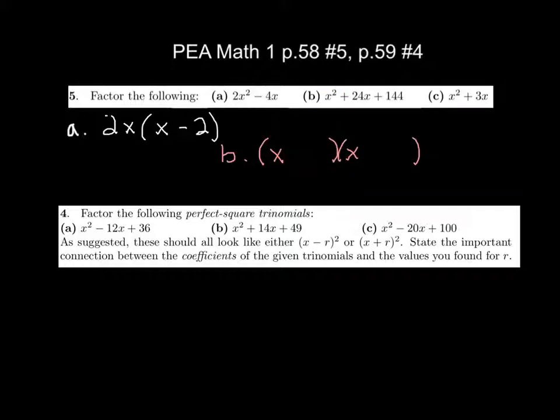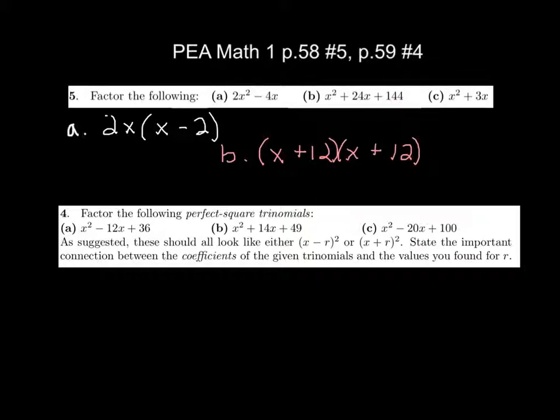The second thing I look for is I need two numbers that multiply to 144. The first thing that pops in mind usually is 12 and 12. So 12 times 12 is 144. I'll put a 12 here and a 12 here, and I'll put two positives here because positive 12 times positive 12 gives you 144.